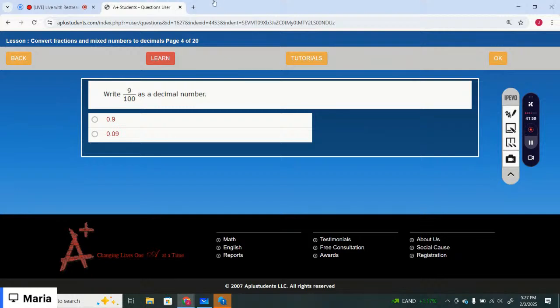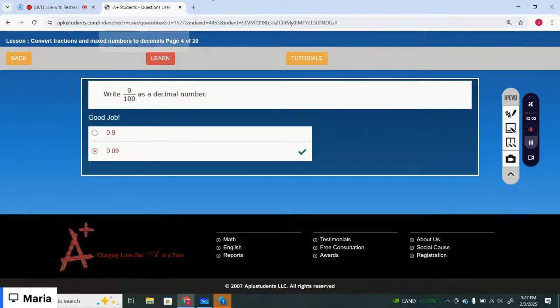That is 0.09. Option number 2 is the correct option.